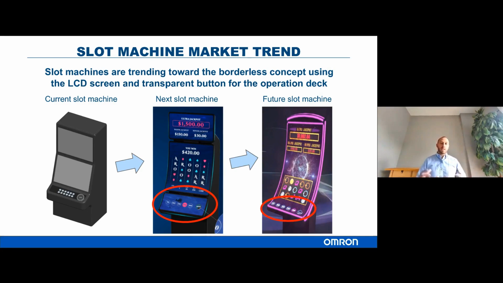That could be an LCD screen with a touch monitor, with a lot of different displays within the virtual button deck. They're eliminating the borders that were created by the buttons and going to just one big LCD display. And even in the future, we see them possibly going from 3 displays on a slot machine to just one big horizontal or slanted display for the slot machine cabinet itself.